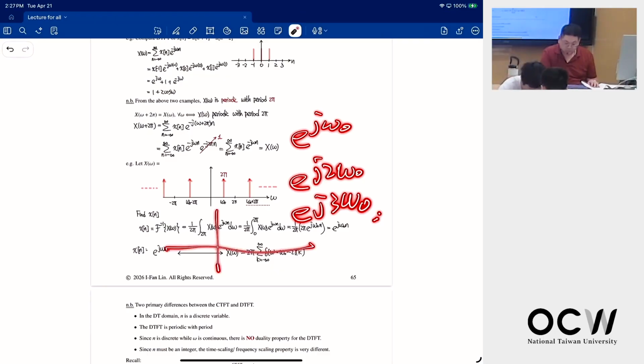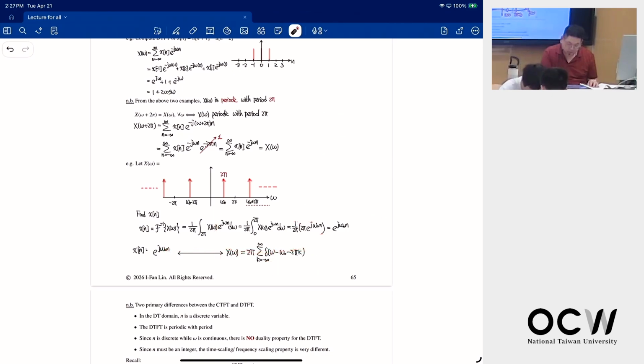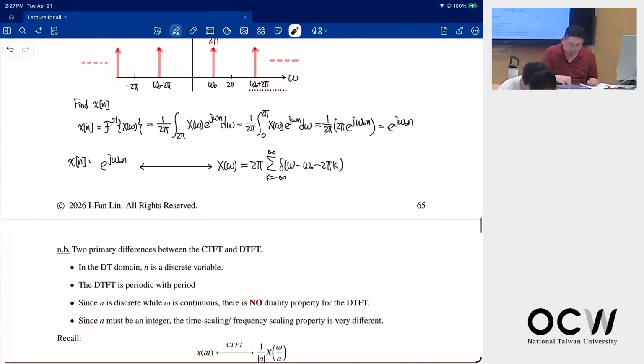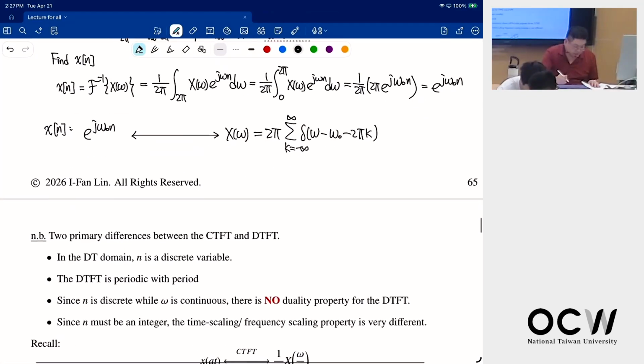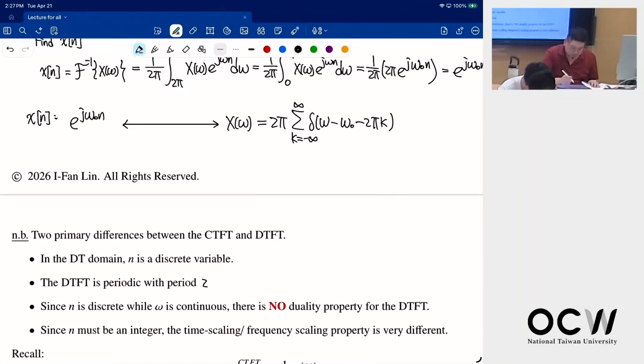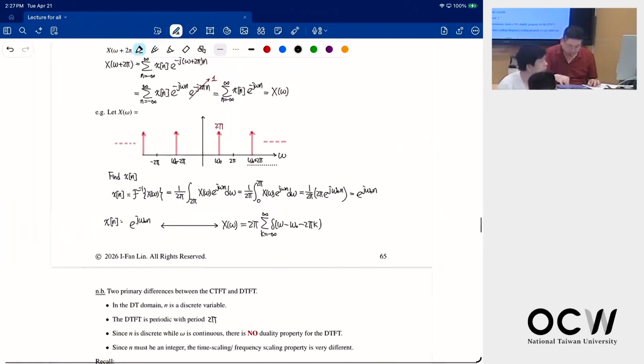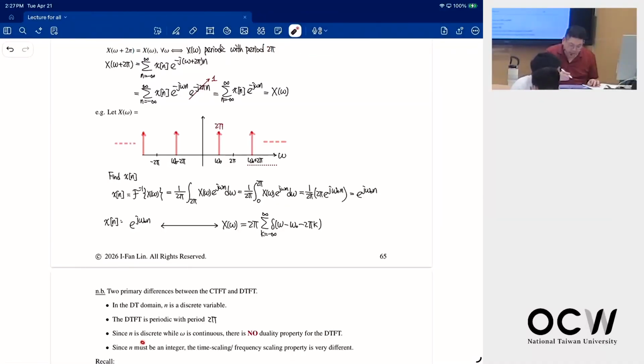So it'll be like omega naught, 2 omega naught, 3 omega naught, and so on. And then the discrete time Fourier transform is periodic, and the period is 2 pi.